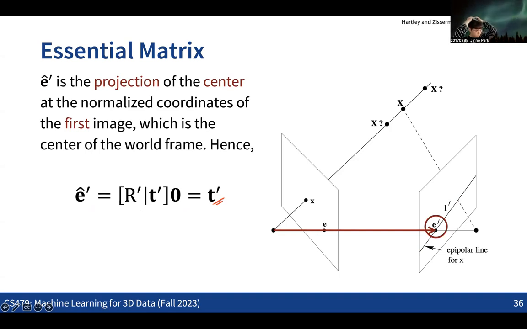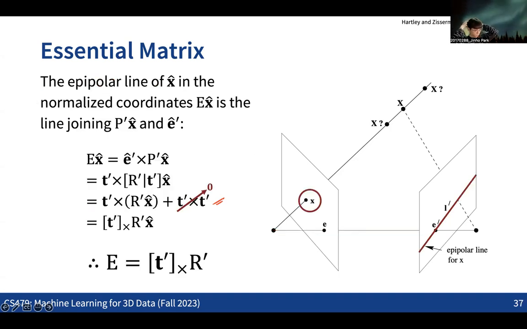And one more thing we are going to see is the epipolar line of any point in the first view image. The epipolar line is defined as the line connecting this epipole E prime with the projection of this point with the second camera matrix.